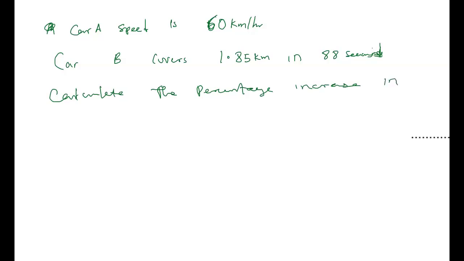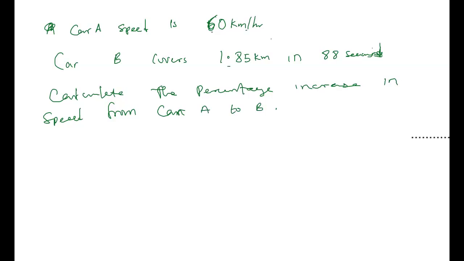Increase in speed from car A to B. So car A's speed is what? 60 kilometers per hour. Car B covers what? 1.85 kilometers in 88 seconds. Calculate the percentage increase in speed from car A to B.